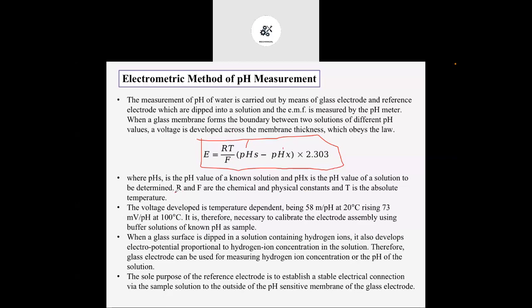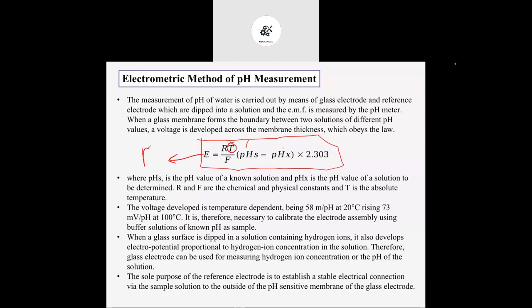Then R and F are the physical and chemical constants, and T indicates the absolute temperature, whose scale is Kelvin. Okay, now this voltage which is developed, this EMF, depends upon the temperature. So we must maintain the temperature of that particular solution.